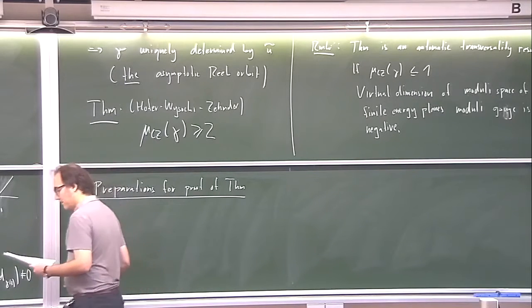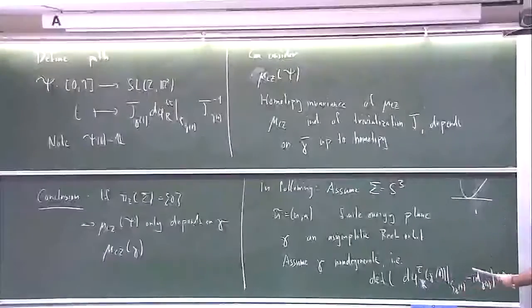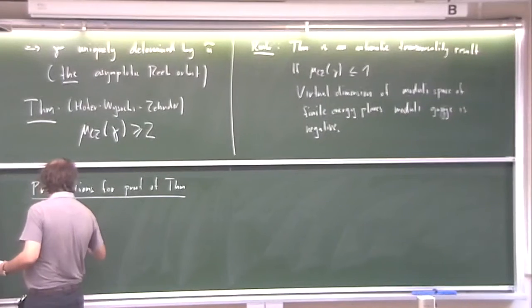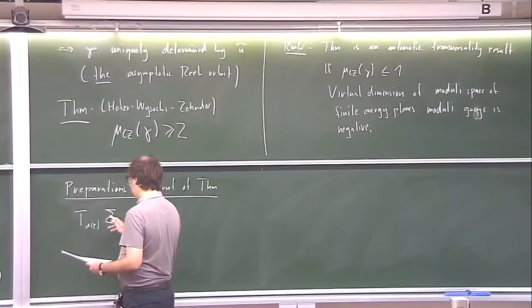So we have u. Because of this hyperplane distribution, we have the splitting.